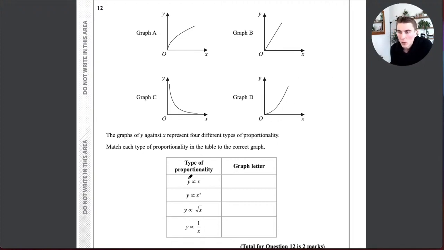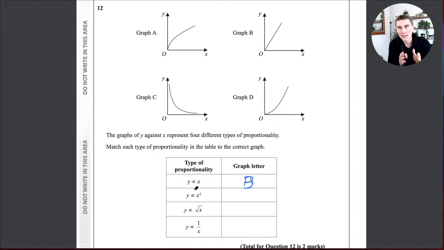But this first one, y proportional to x. This one means that as x increases, y will increase proportionally. So we're looking for a completely straight line where they both increase together, which would be b. So this one here is b. This one here, y is proportional to x squared.